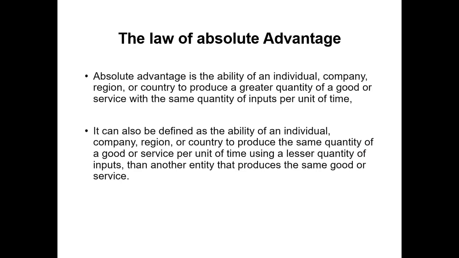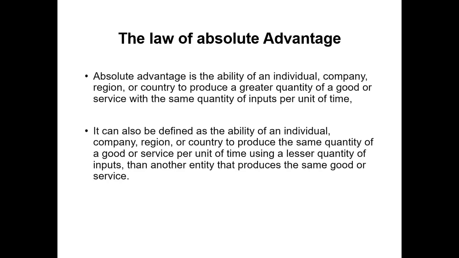So for instance, what we are saying here is that if country A has absolute advantage in producing a particular good as compared to country B, that means that for that particular good, country A produces a greater quantity of it, even though assuming that country A and country B are using the same level of resource. Country A will produce a greater quantity of that good. That means that country A has an absolute advantage in the production of that good.